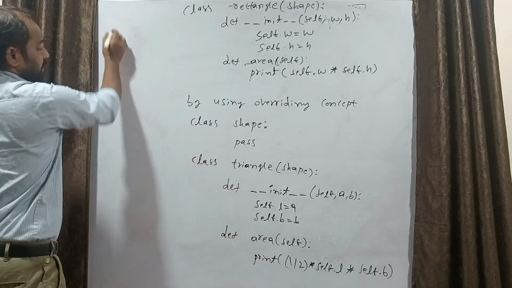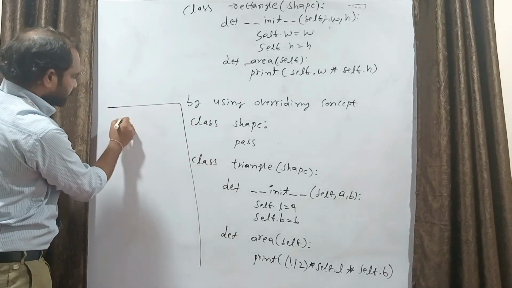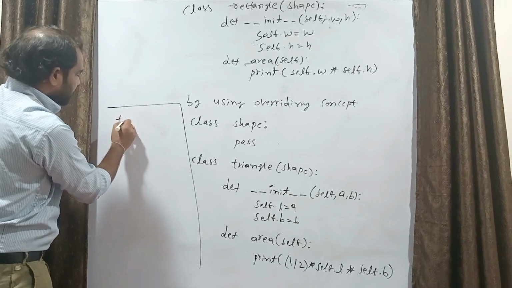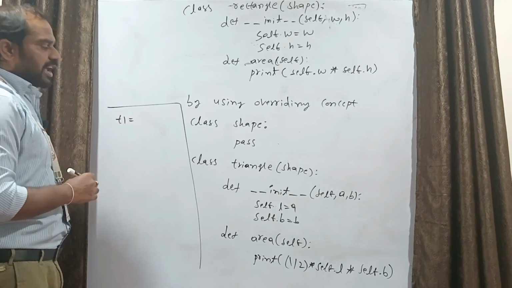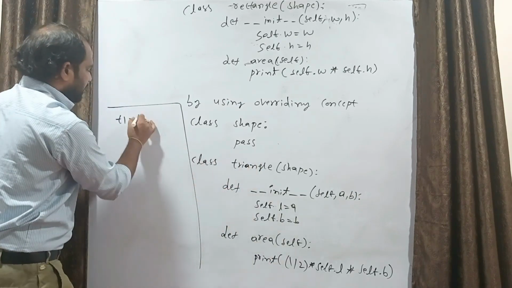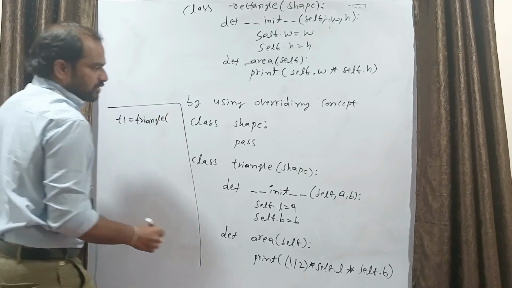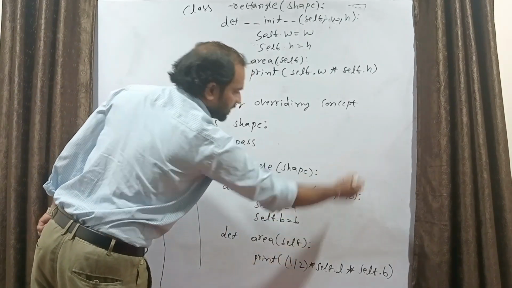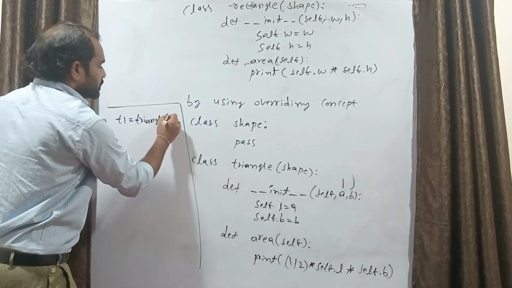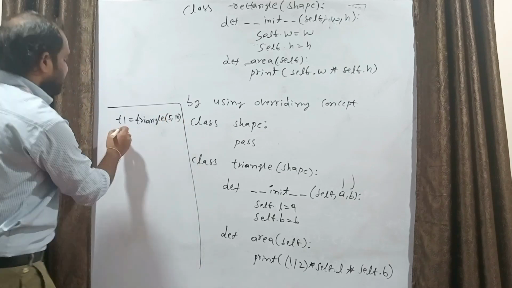So I will create the object. T1, like Triangle; T1 is an object I am going to create under the Triangle class. You need to pass two values because in the constructor two parameters are specified, so some 5 comma 10. The object will be created.